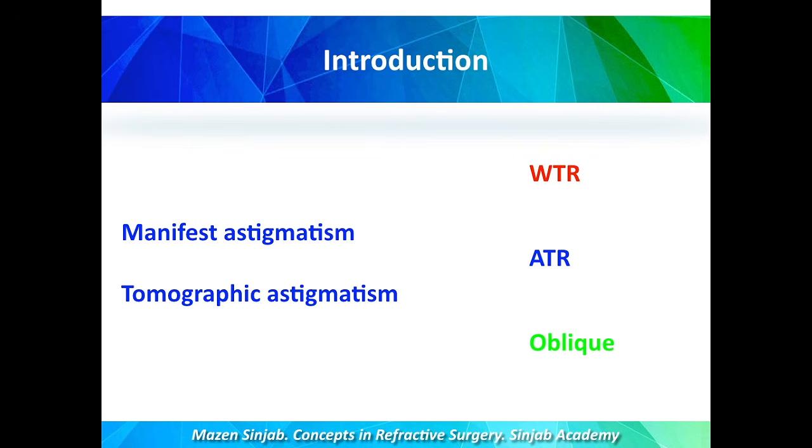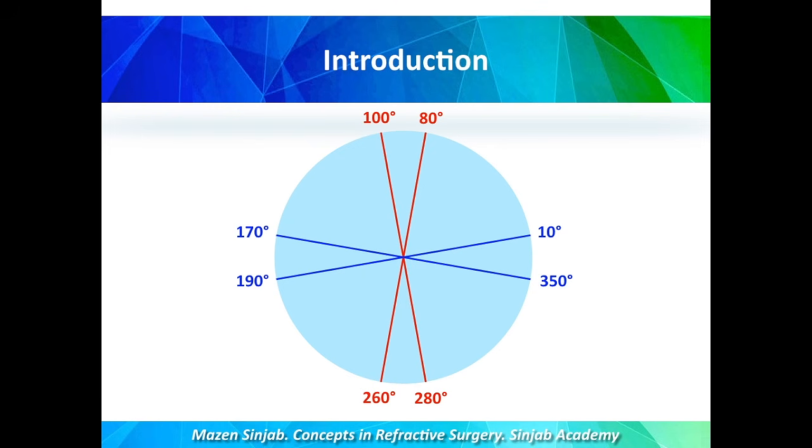Now, both manifest and tomographic astigmatism can be with the rule, against the rule, or oblique astigmatism. Now, what is the definition of with the rule astigmatism?